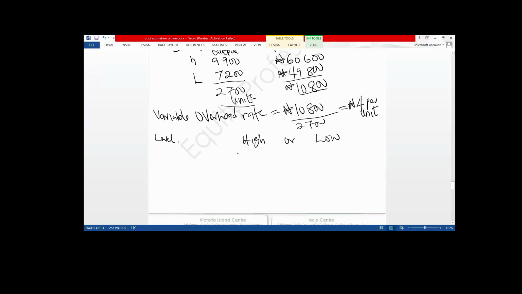At this level, output happens to be 9,900 units. Output happens to be 7,200. Variable rate per unit is 4 naira. Please get your total variable overhead.